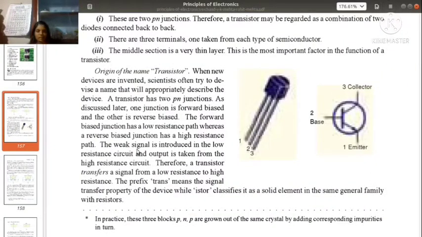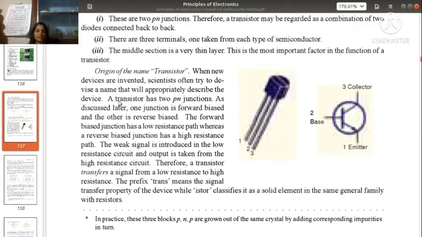Now we can have a look at how the name comes. Origin of the name transistor. When new devices are invented, scientists often try to devise a name that will appropriately describe the device.